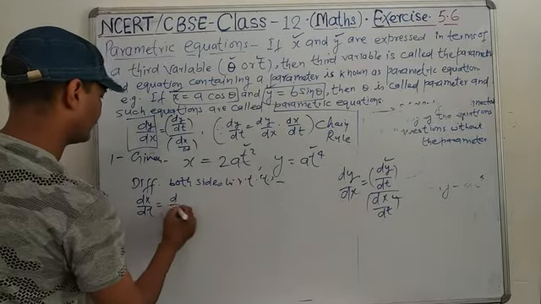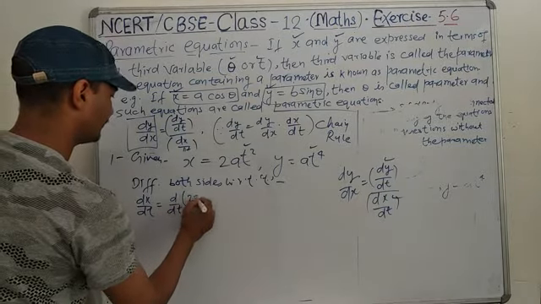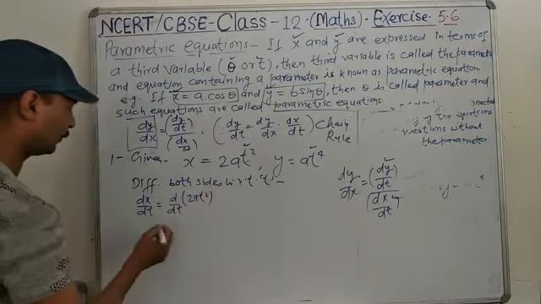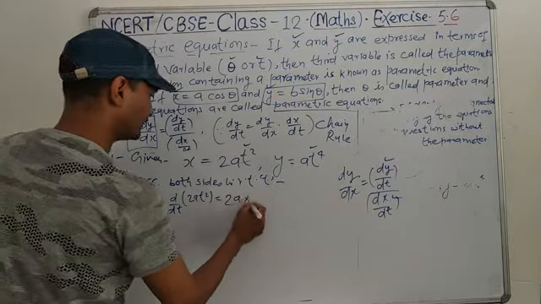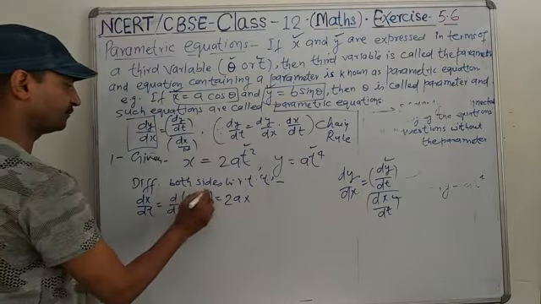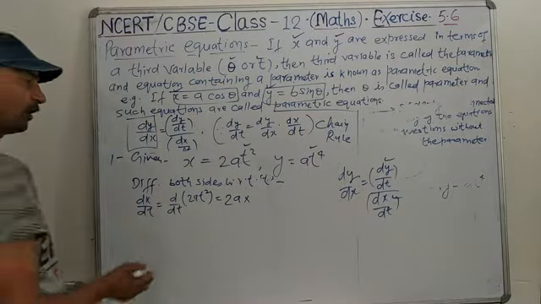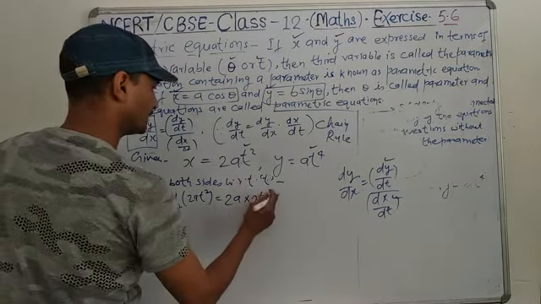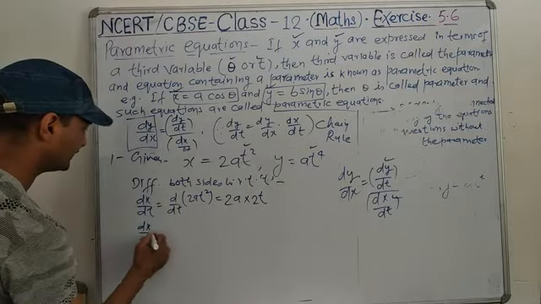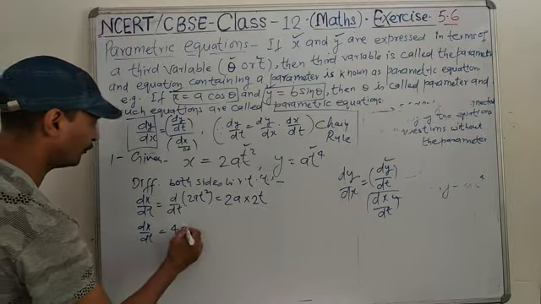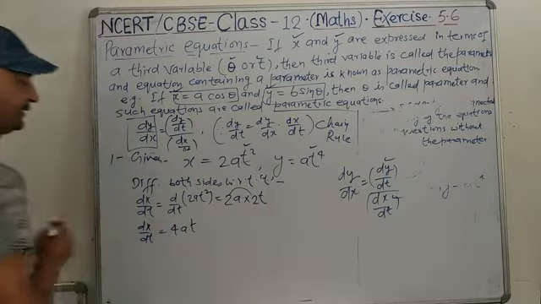d by dt of 2at square. Now 2a is constant into t square, differentiating x to the power n gives n x to the power n minus 1, that means 2 t power 1, that means dx by dt is equal to 4at.